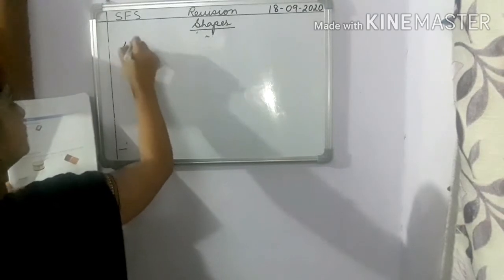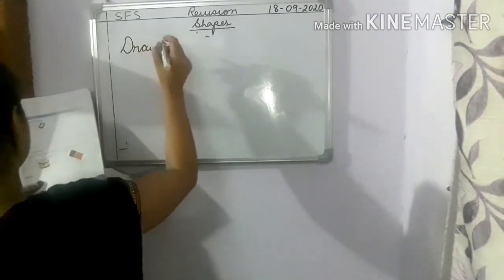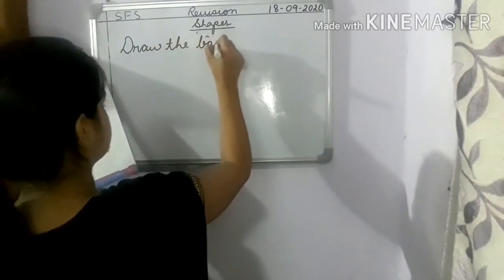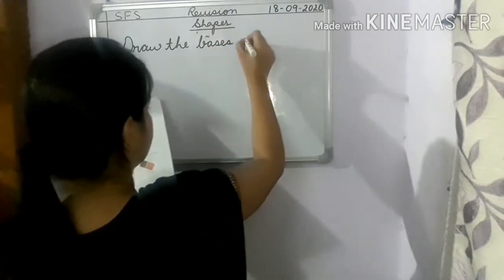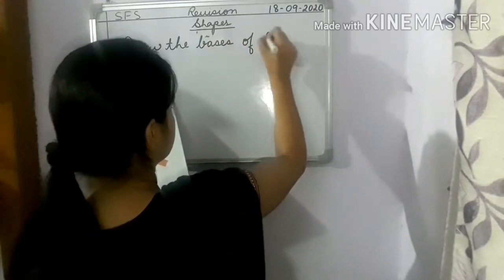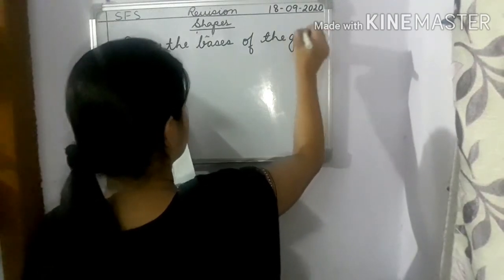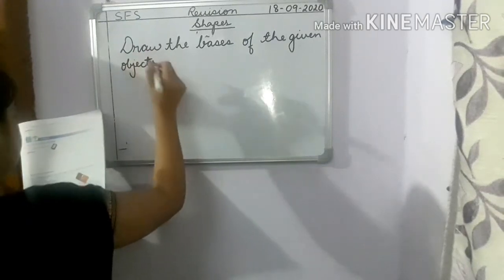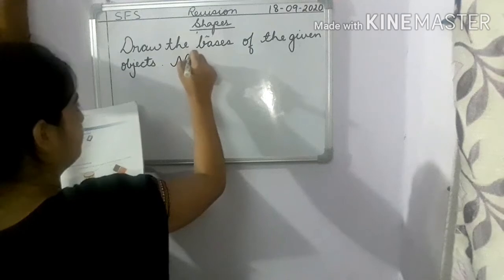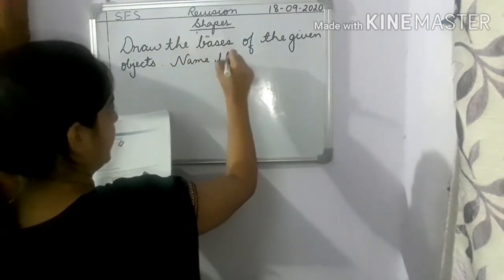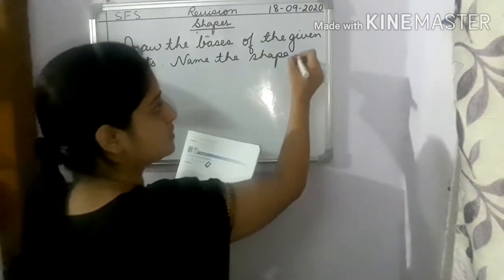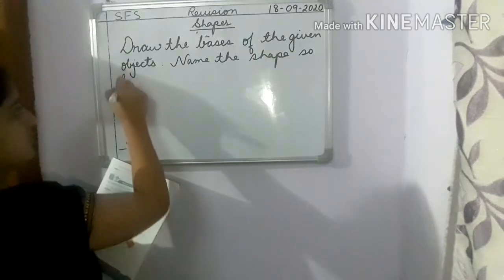So, next question is, draw the bases of the given objects. Name the shape so formed.